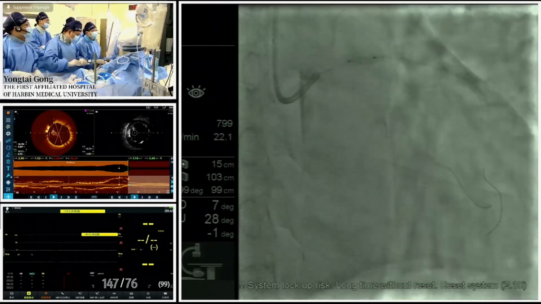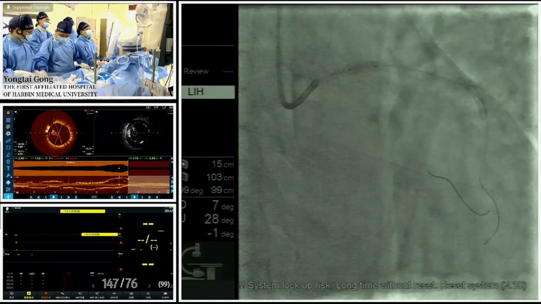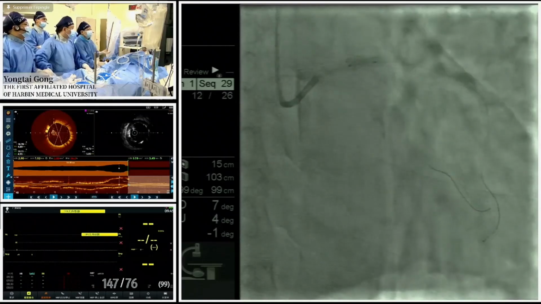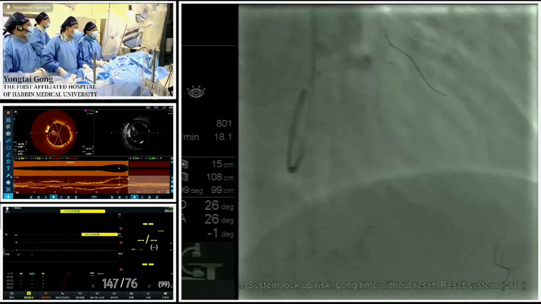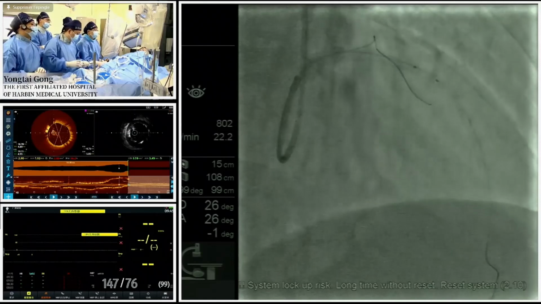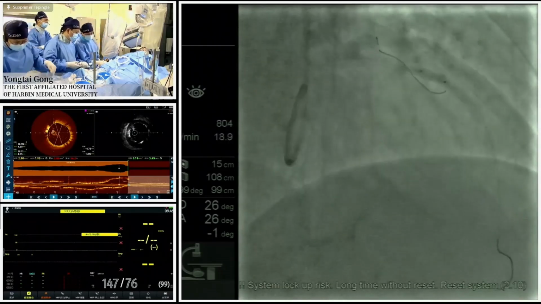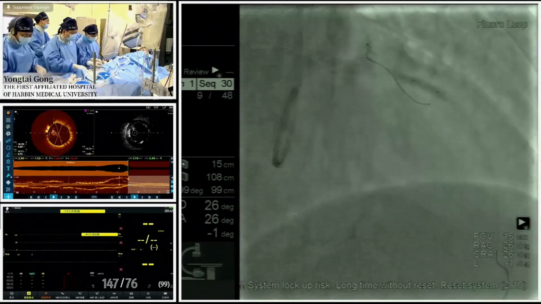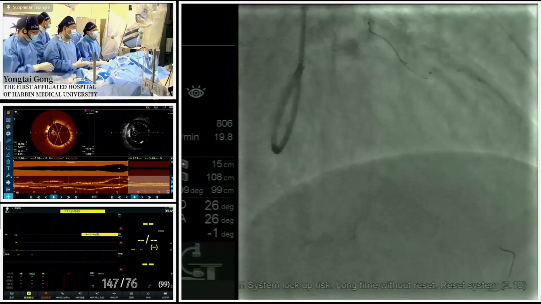So we can see from the kissing balloon technique by Dr. Gong that there is a little tip. Dr. Gong just tried to deliver the NC balloon to the LCX distal, but it was hard to cross the stent cell. So he first used a relatively smaller NC balloon in the LAD proximal to post-dilate the stent cell, and then tried to deliver the NC balloon to the LCX distal.